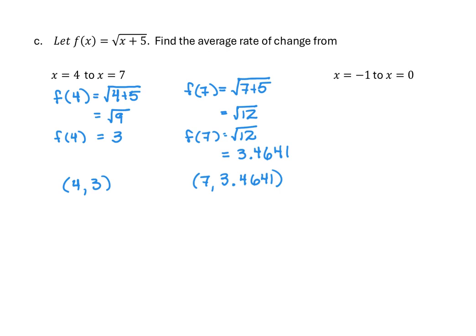All right, so when we plug this into our formula for slope, we get 3.46 minus 3. We subtract the y values, and we want to divide by the subtracted x values.